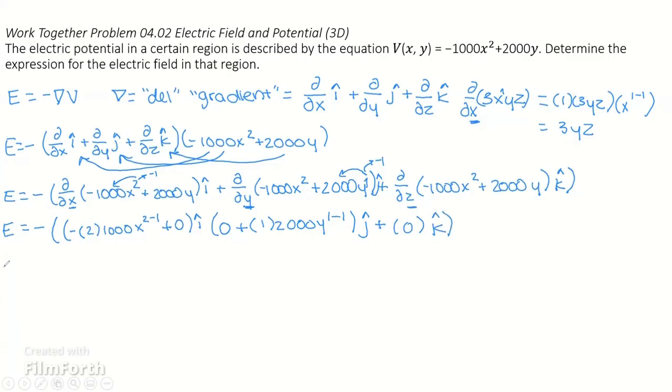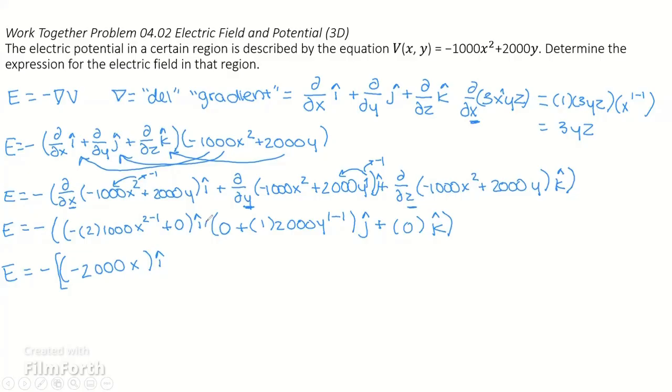And now it's just a matter of simplifying, as you would do anytime you get an equation like this. So we have negative, the negative comes in, 2 times 1000 is 2000x, 2 minus 1 is just 1, so we can just leave that there, plus 0. Put brackets around this whole thing, i hat.